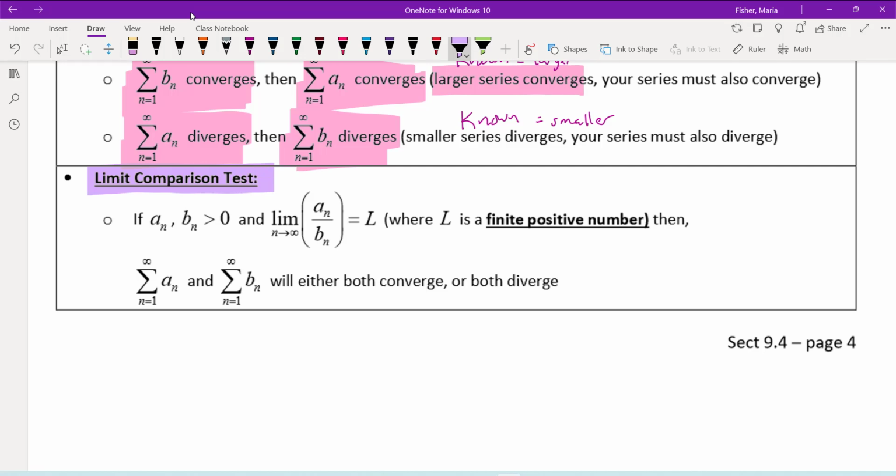The limit comparison test said to take the limit as n goes to infinity of our given over our known, and if we end up with L, a finite positive number, whatever our known series did, our given series does. So they either both converge or both diverge.